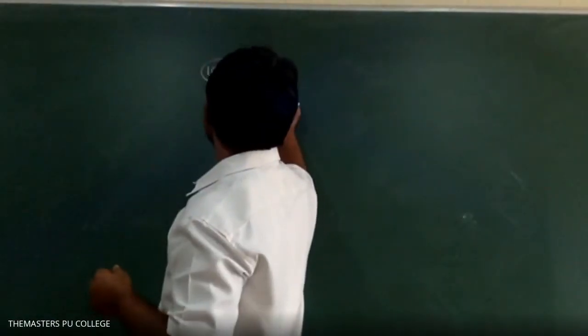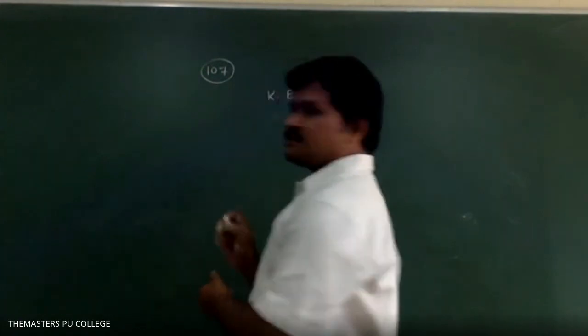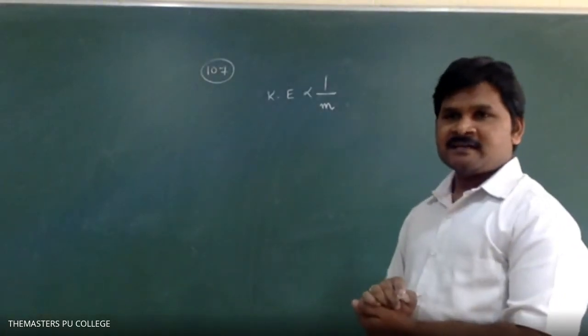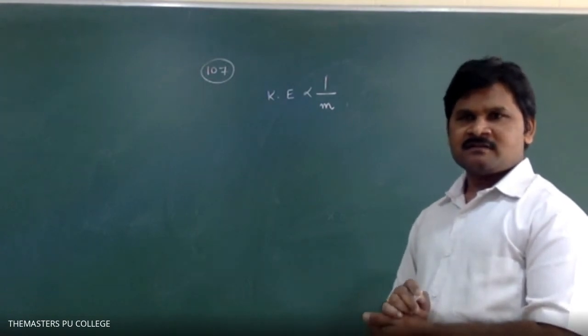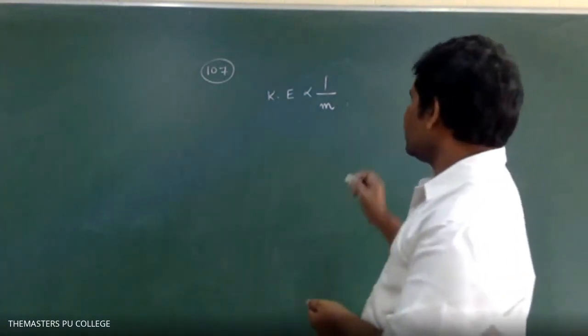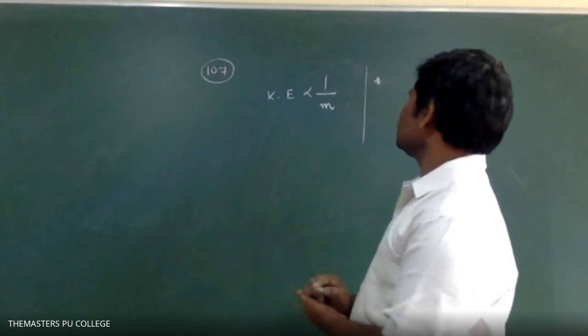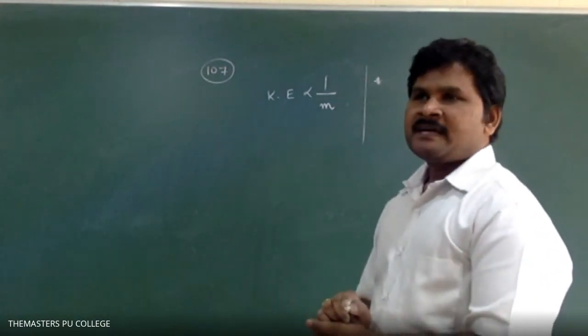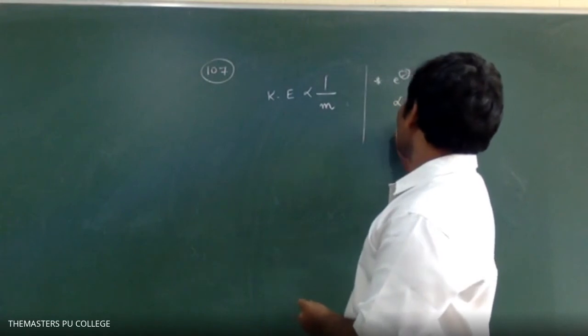Please remember, kinetic energy is inversely proportional to mass. Here we have electron, alpha particle, proton.